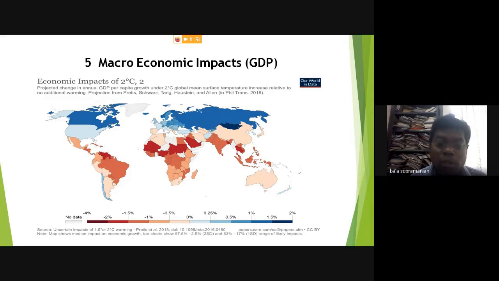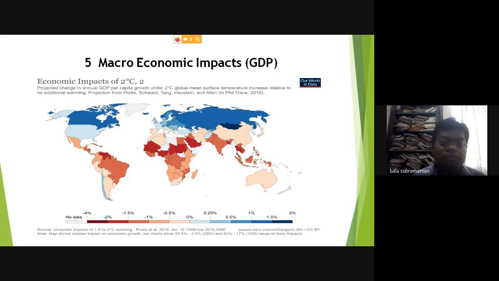So how climate change impacts the various sectors, as I said: agriculture production's contribution to the GDP, forest and biodiversity production's contribution to the GDP, fish production's contribution to the GDP. So the macroeconomic impact is a very basic issue due to climate change.